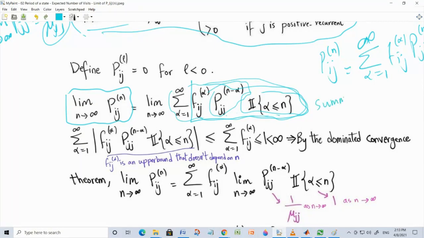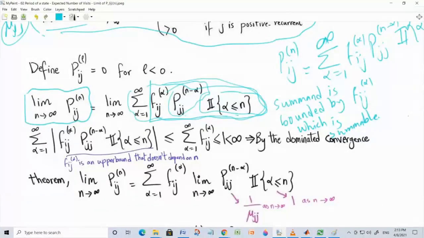So the summand is bounded by fij of alpha, which is summable, and so one version of the dominated convergence theorem tells us that we can take the limit inside.